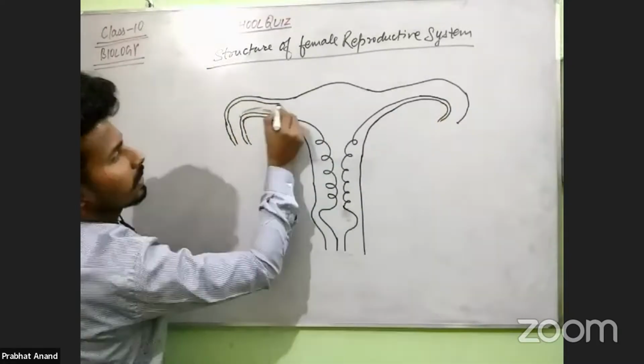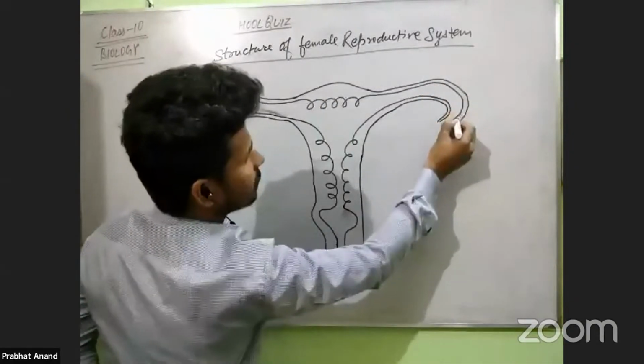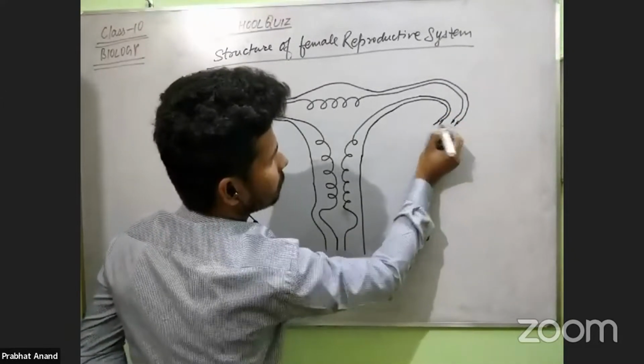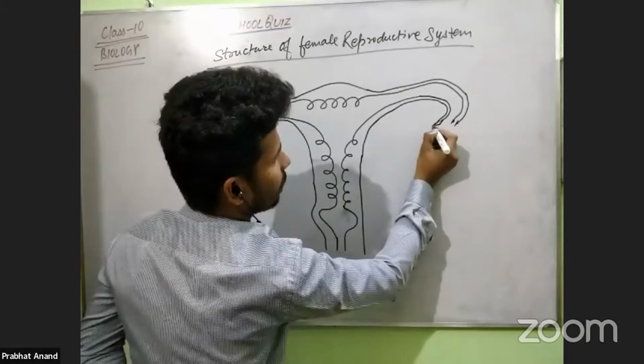Is it visible? Okay. This is the female reproductive system that I am drawing right now.